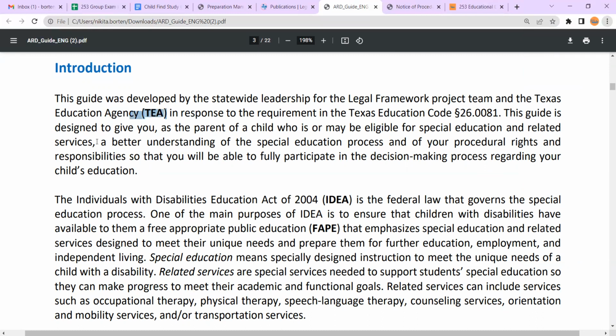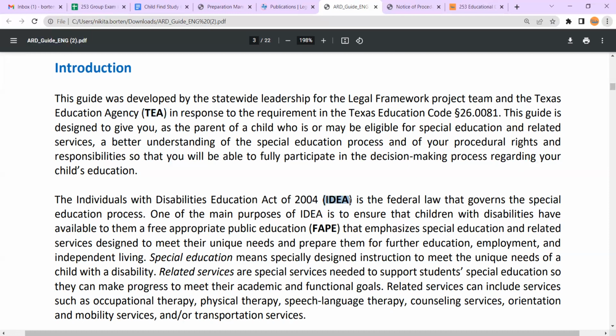This guide is designed to give you, as a parent of a child who is or may be suspected to be eligible for special education and related services, a better understanding of the special education process and of the procedures, the procedural rights, the steps, the order of the steps, and your responsibility as a parent, so that you are fully participating in this decision-making process regarding your child's education.